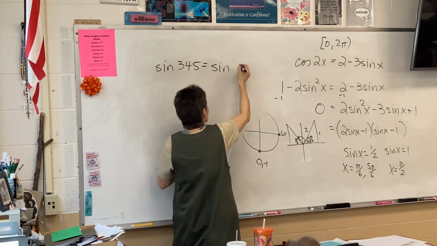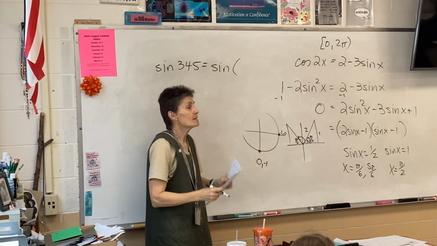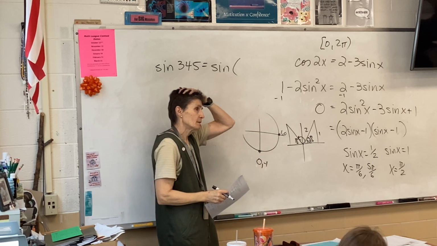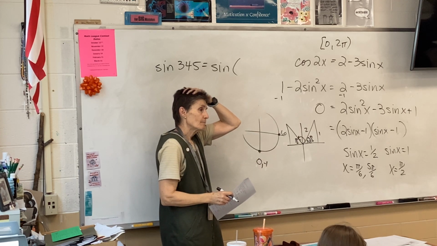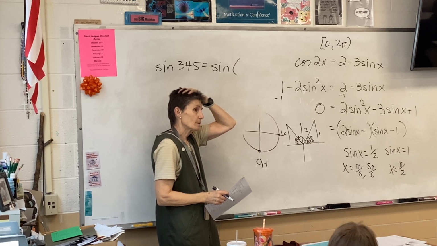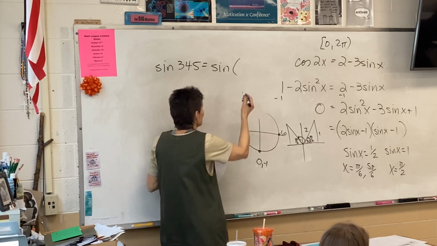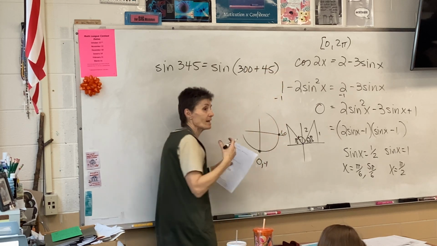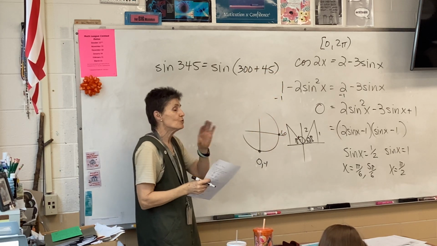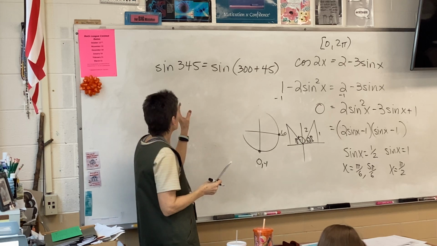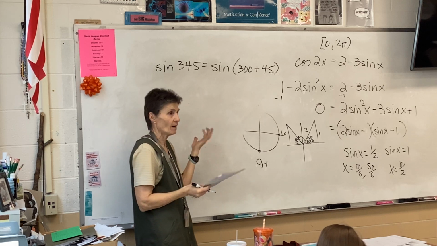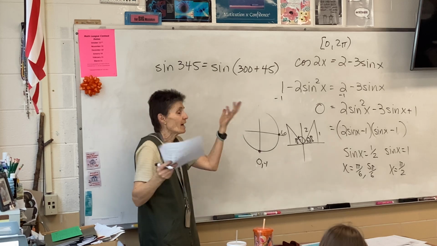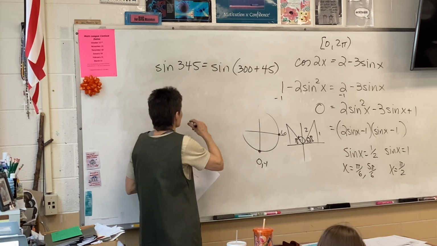And there are lots of choices. I could do 390 minus 45, but I'm gonna do 300 plus 45 because I always do 45. You could do 210 and 135, or 390 minus 45. Lots of choices, but I'm just going this way.